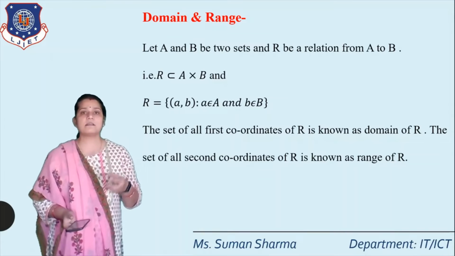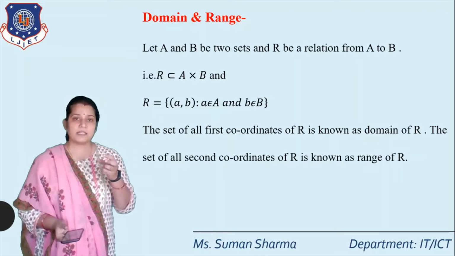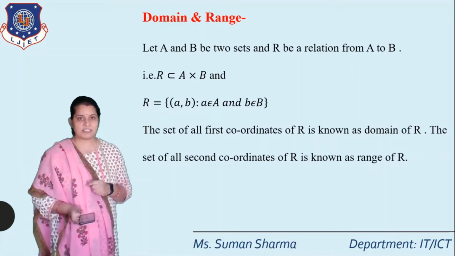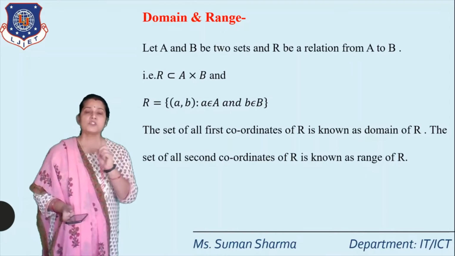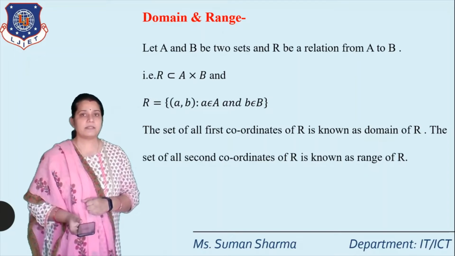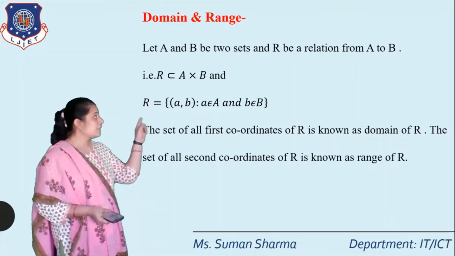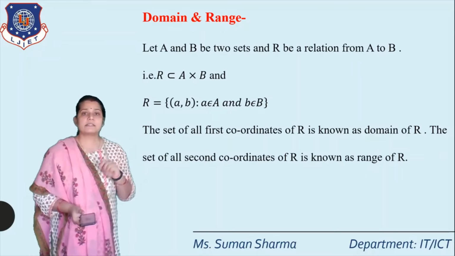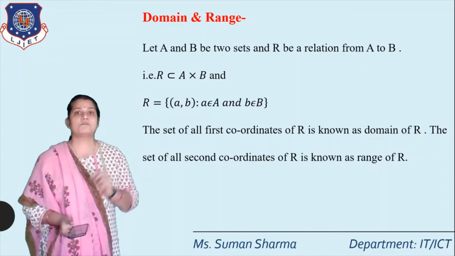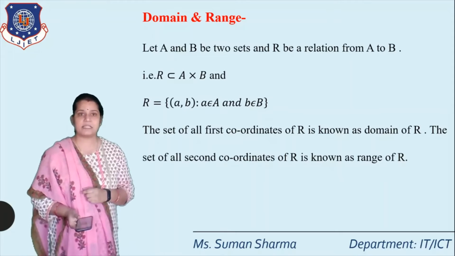We have already seen this topic, domain and range, in the function chapter, the second chapter. Okay, so let A and B be two sets and R be a relation from A to B. So that is R subset of A cross B. Why do we write R subset of A cross B?